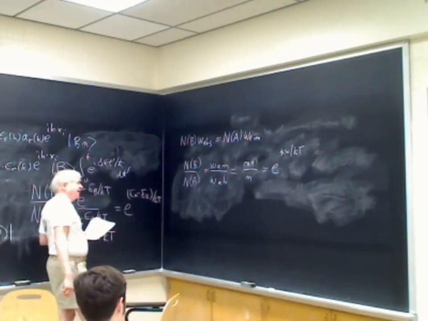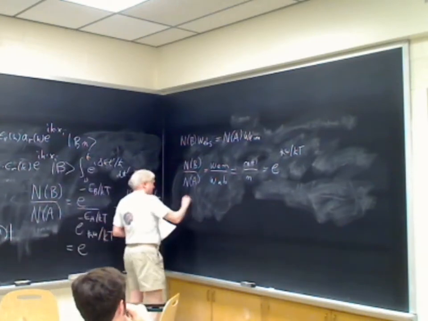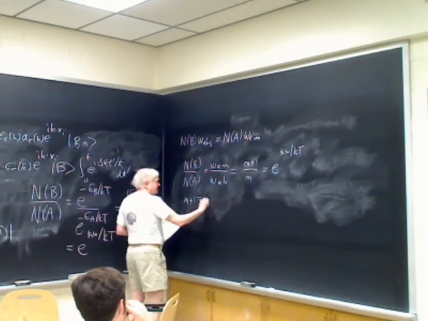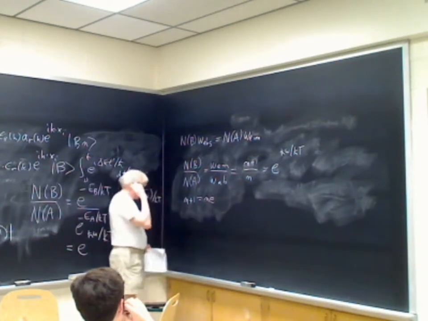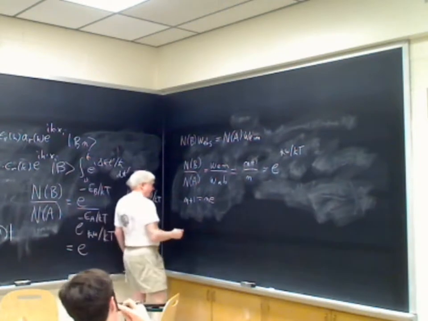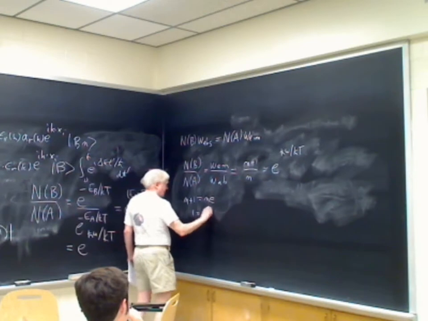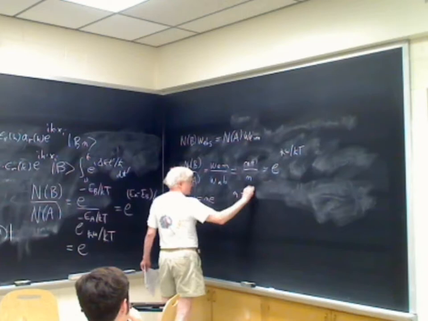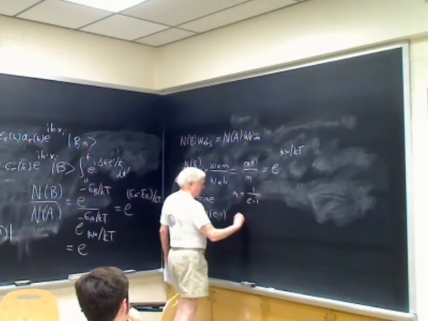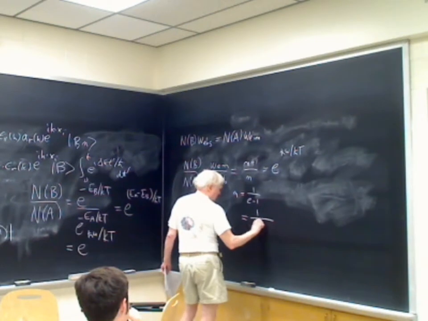And so now we have an exercise in high school algebra. (n plus 1) over n equals, and just to make it easy, I'm going to call this E. And so that means that 1 is equal to n times (E minus 1), and that means n is equal to 1 over (E minus 1), or translating back into correct units, 1 over (e to the h bar omega over kT minus 1).